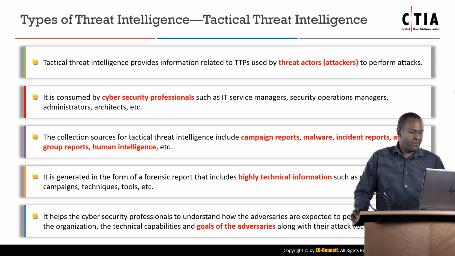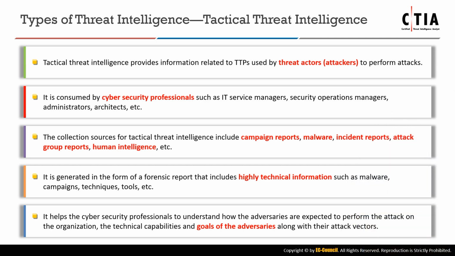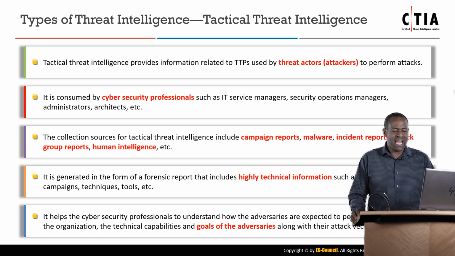Third bullet point for tactical threat intelligence: the collection sources, where we're going to get these. How are we going to find the information for tactical threat intelligence? Number one, campaign reports. So we're going to look at hack campaigns that have been conducted by threat actors, and we're going to look at those reports and find out how it worked, the anatomy of that attack.